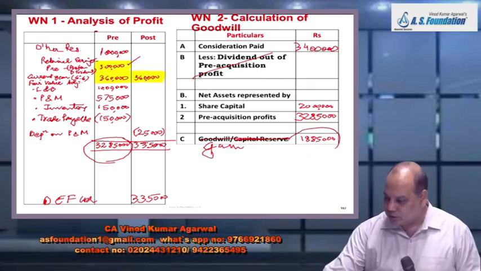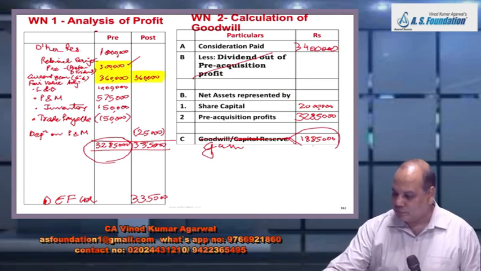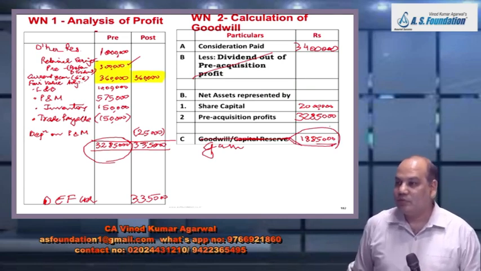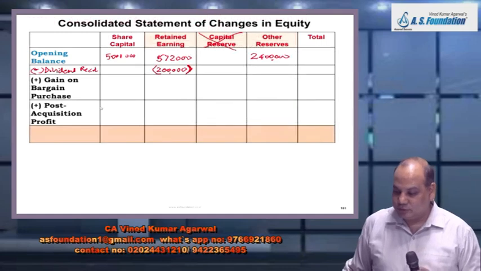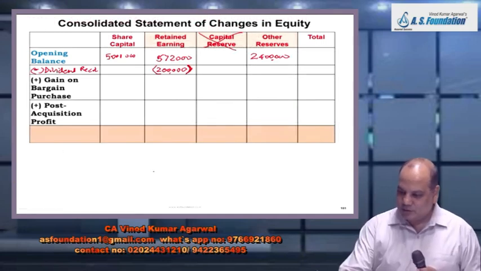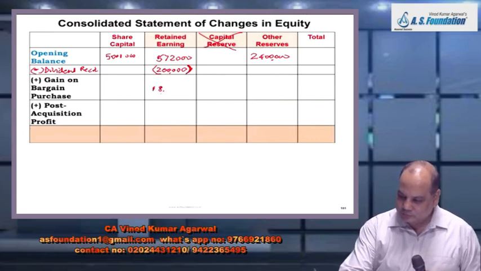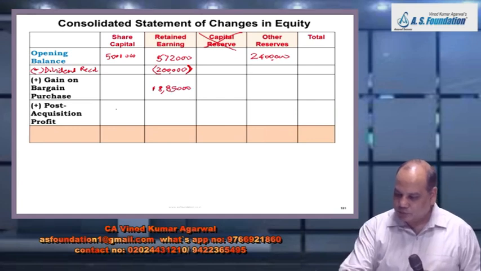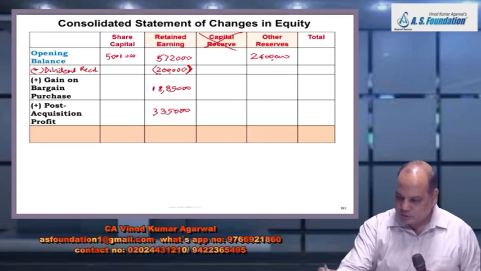So this figure I will transfer to the SOCIE. Correct. Right here, gain on bargain purchase 18 lakh 85,000. And post acquisition profit 3,35,000.